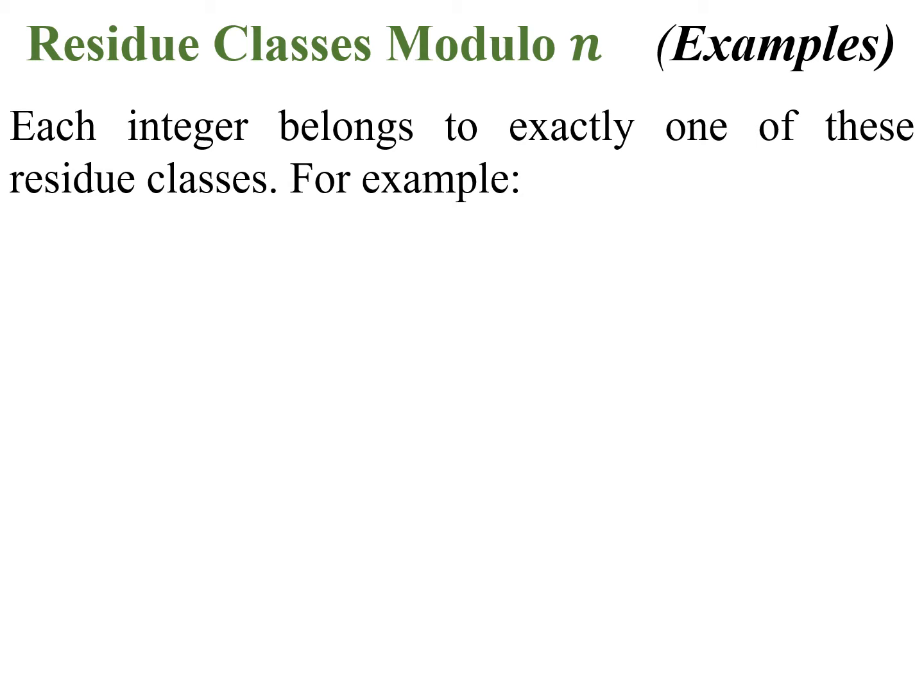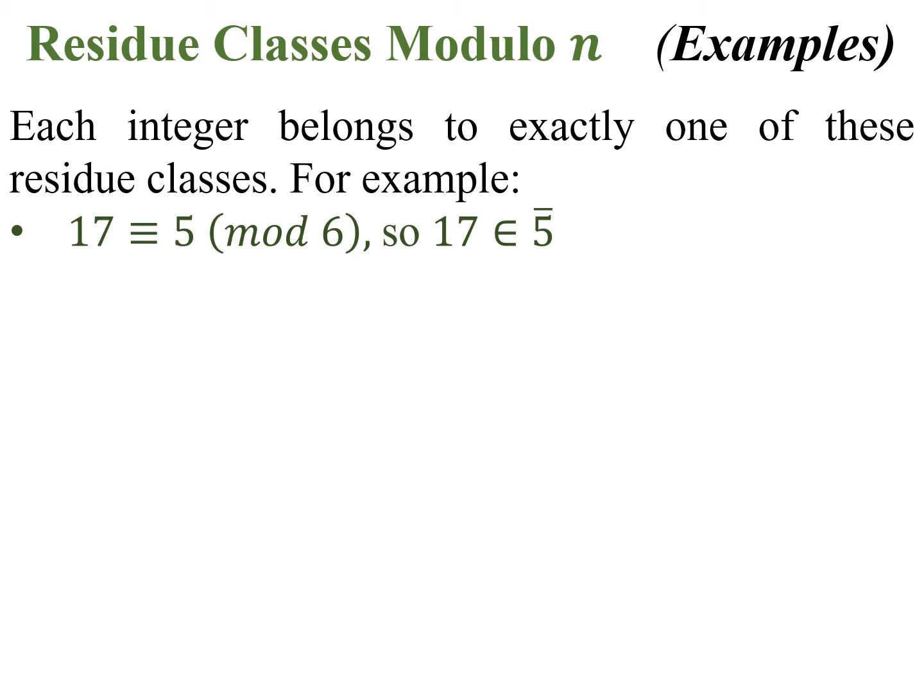Each integer belongs to exactly one of these residue classes. You have already seen it. For example, 17 is congruent to 5 modulo 6. How can we get this? Just divide 17 by 6.